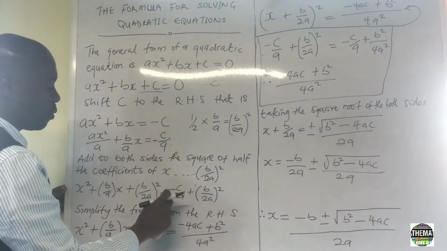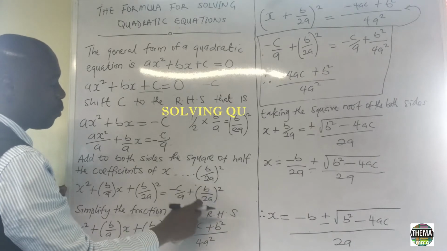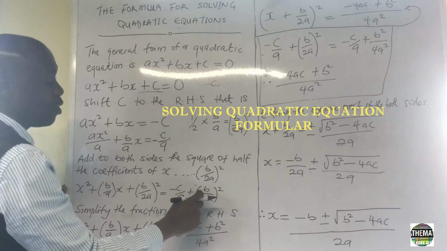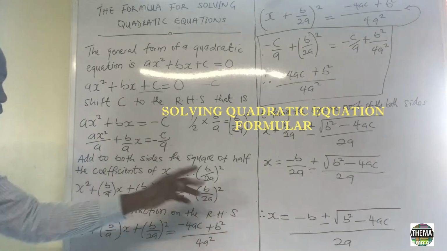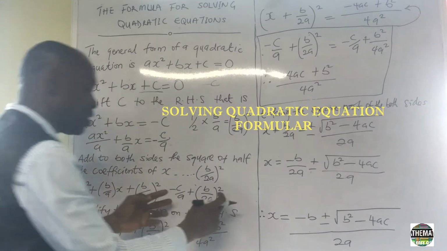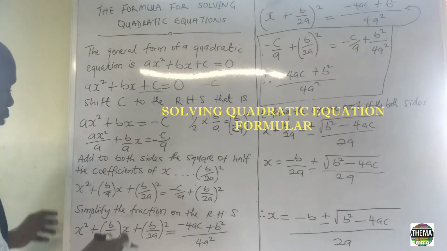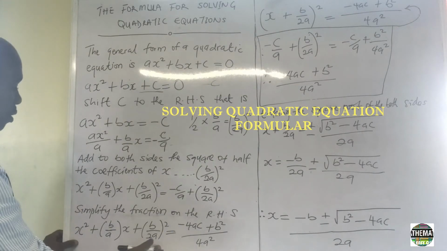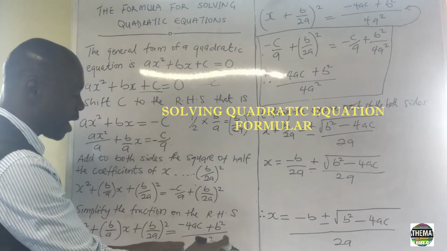It's now giving us minus c all over a plus open bracket b over 2a close bracket squared. Then we now simplify the fraction on the right hand side. We want to simplify this one. So from here now, we copy out all of this equation, and this fraction that we simplify, we arrive here.